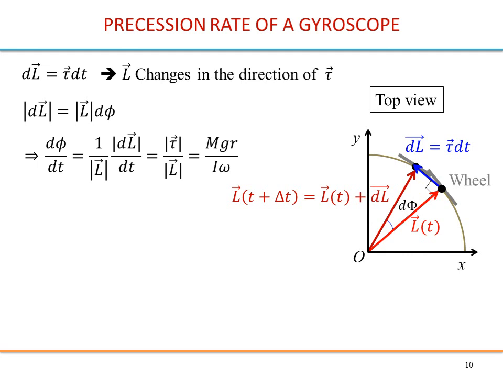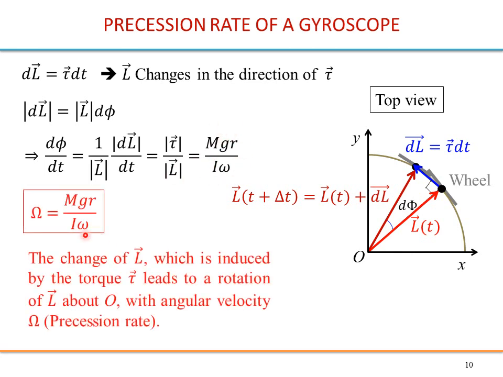Now we want d phi/dt, so we divide by dt. We get dL/dt, which is the torque, so we have torque divided by L. Torque, we have established, was mgr, and L is still I omega, the magnitude. So this is in fact the so-called precession rate, big omega.